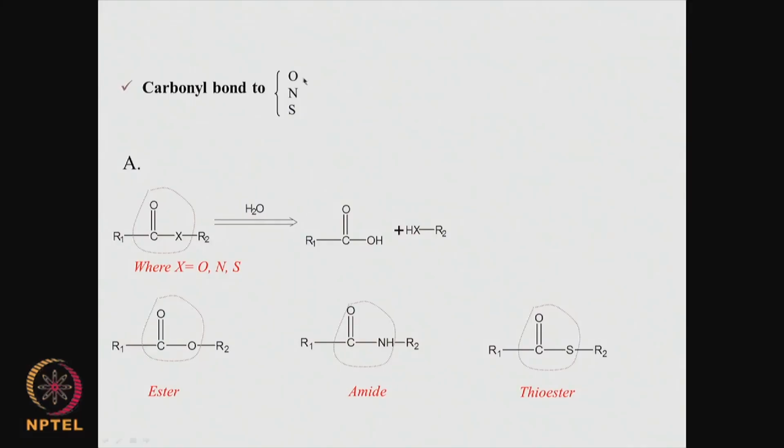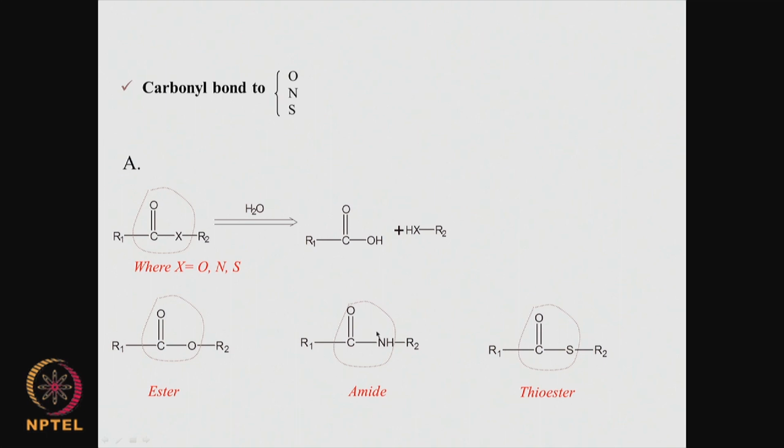Okay, so what type of bonds in the polymer could degrade? Oxygen, nitrogen, sulfur. For example, look at this, this is an ester bond. Or this could be an amide bond, or this could be a thioester bond. So we have C double bond O, X could be oxygen, C double bond O, X could be nitrogen, C double bond O, X could be sulfur.